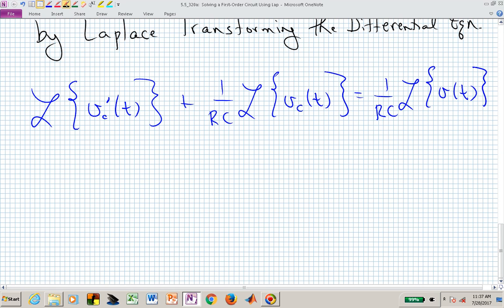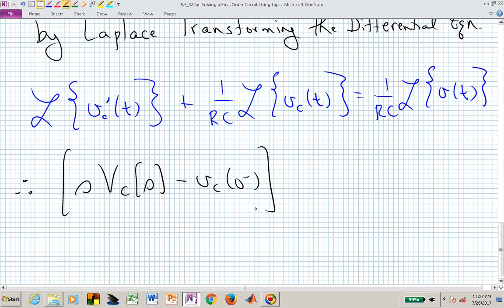Let's now apply some of the Laplace transform properties that we know. The Laplace transform of a derivative will be s times the Laplace transform of the waveform, which is now capital V sub c of s, minus the initial condition on that capacitor voltage at time 0 minus. Again, we're dealing with non-negative arguments of time, or one-sided Laplace transforms.